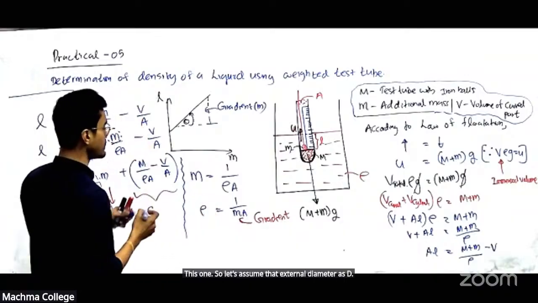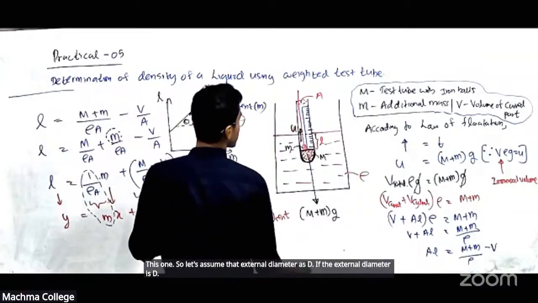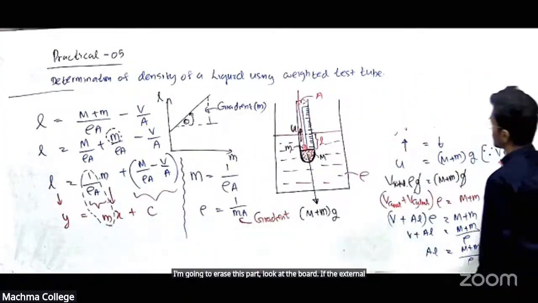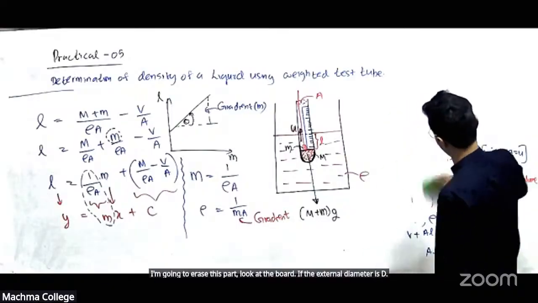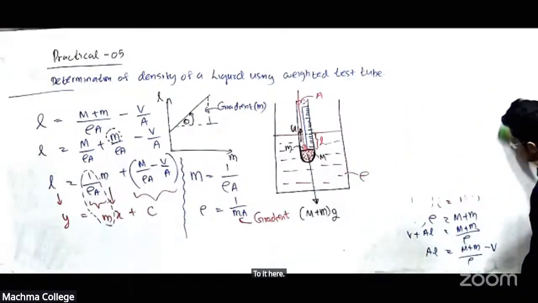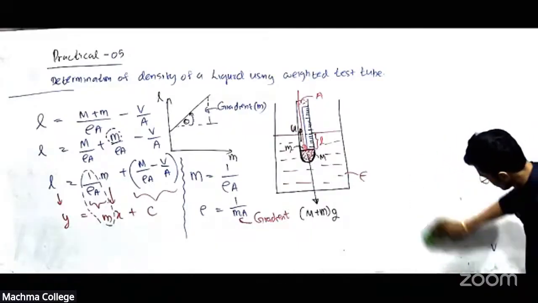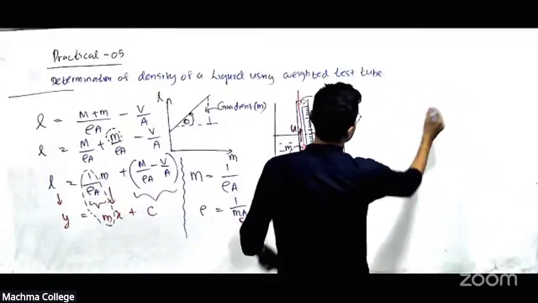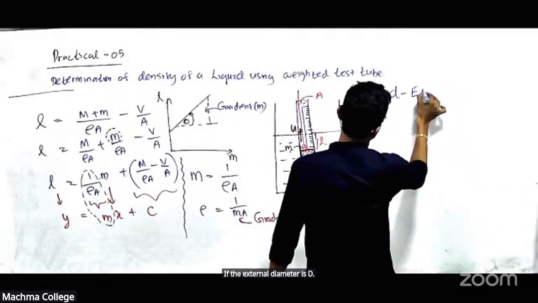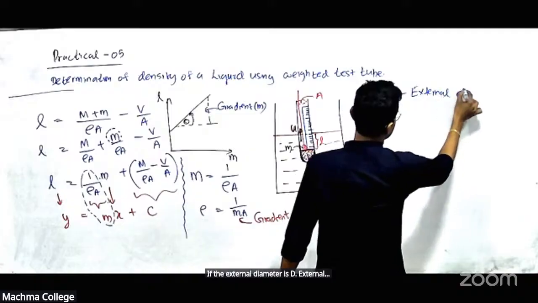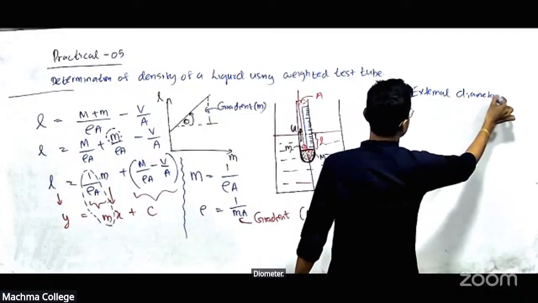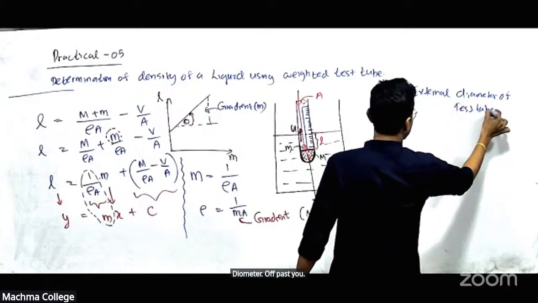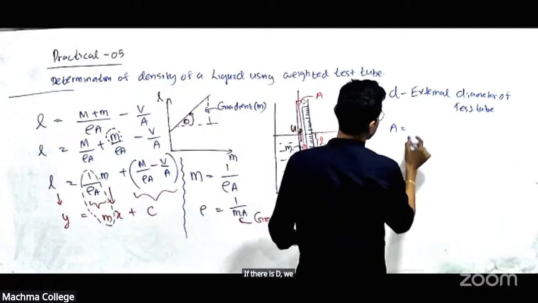If the external diameter is D, I'm going to erase this part. Look at the board. If the external diameter of the test tube is D, we know area is pi r squared.